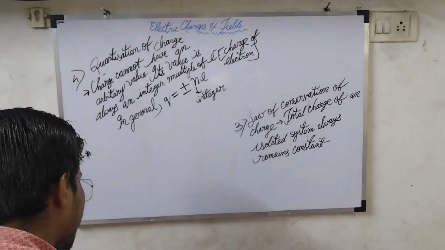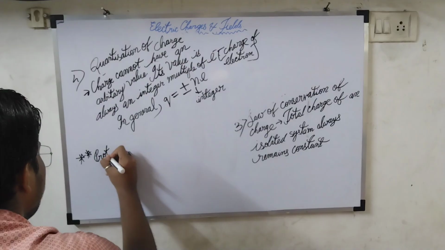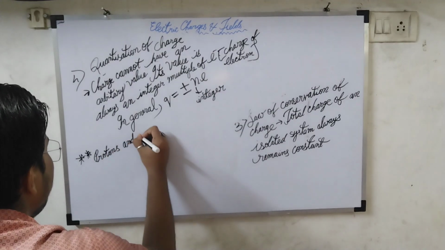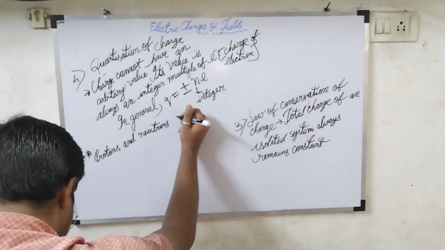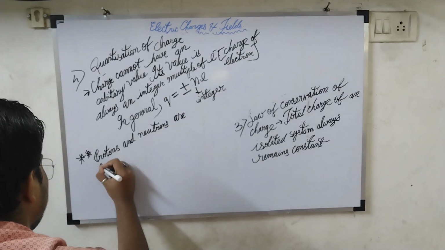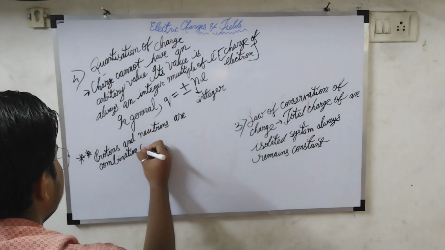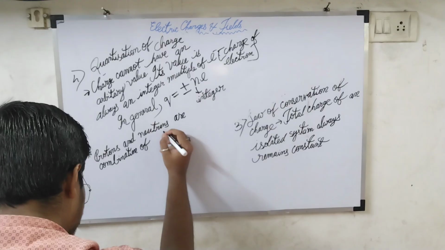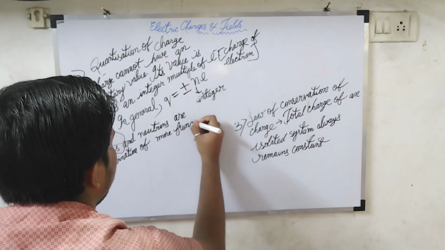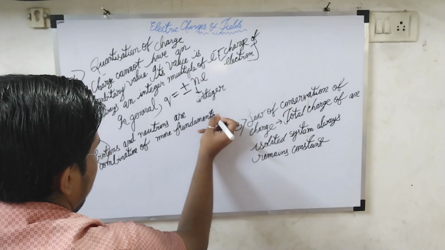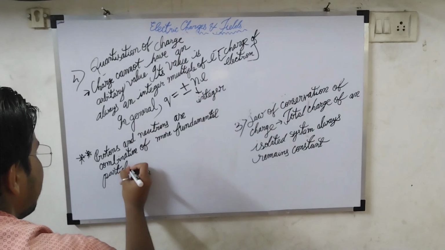Protons and neutrons are a combination of more fundamental particles called quarks.